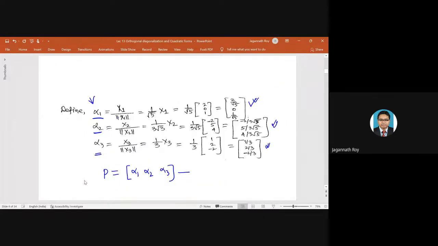Now, if you multiply this, this is going to be 2 by root 5, 0, 1 by root 5, and then minus 2 by 3 root 5, 5 by 3 root 5, and then 4 by 3 root 5.